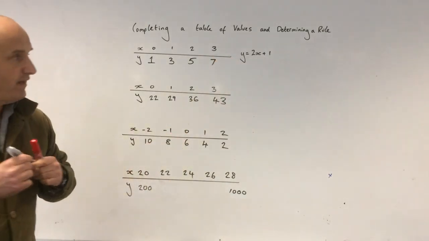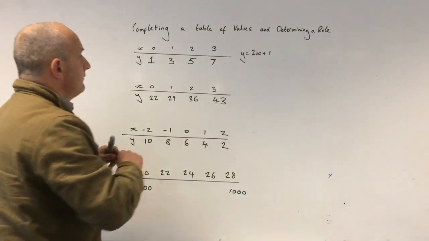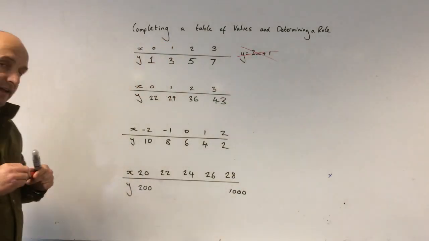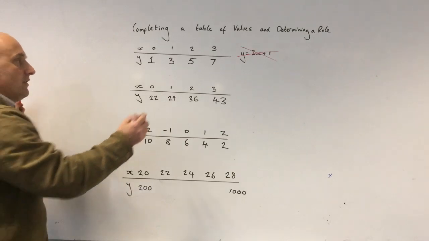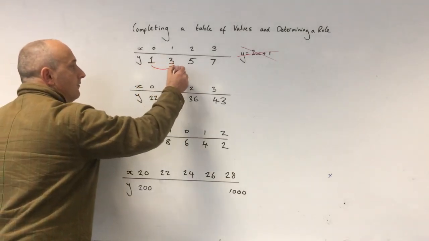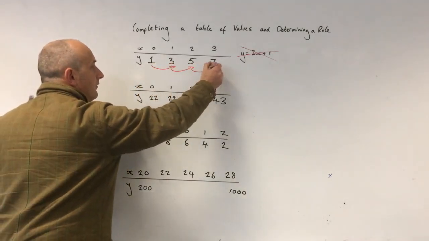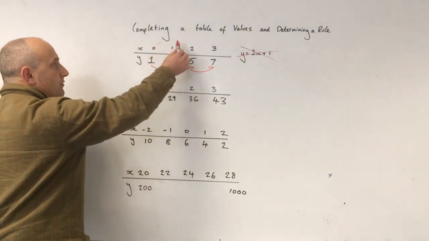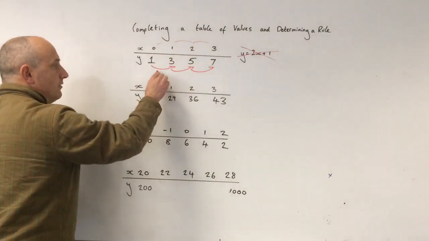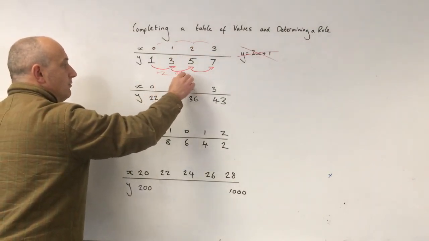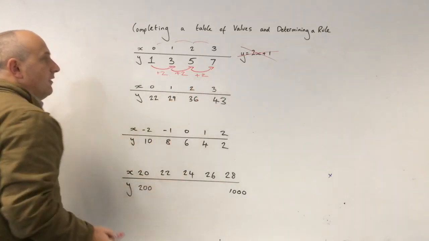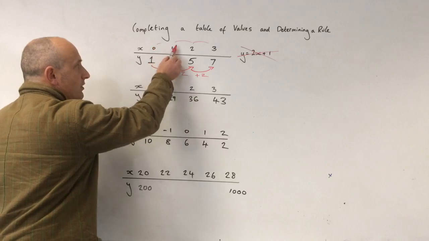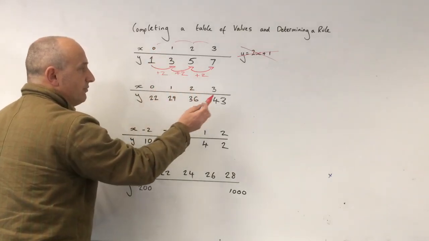Now, say for example I didn't know this rule. I could actually find out, because if I look here, can you see each time this goes up 1, the y value goes up 2.